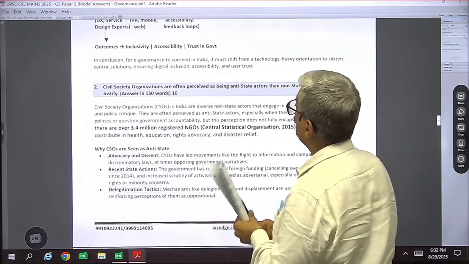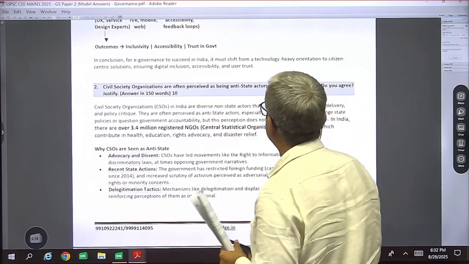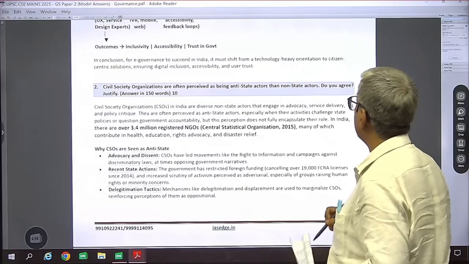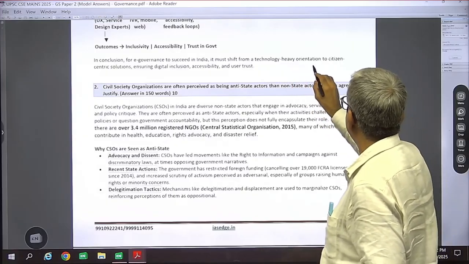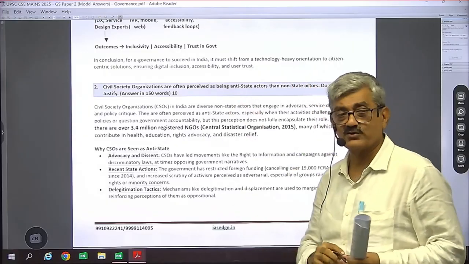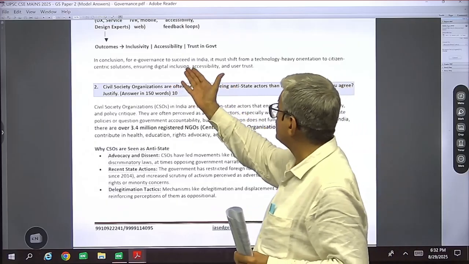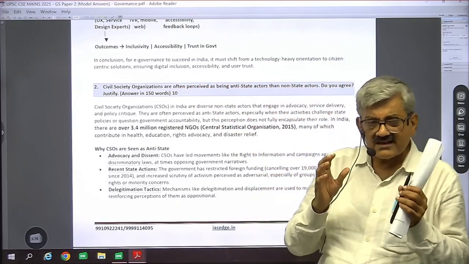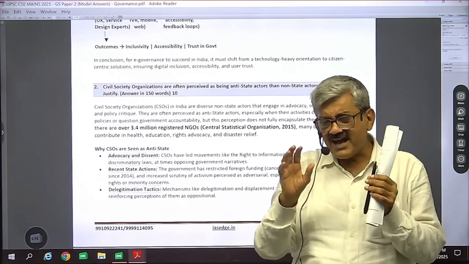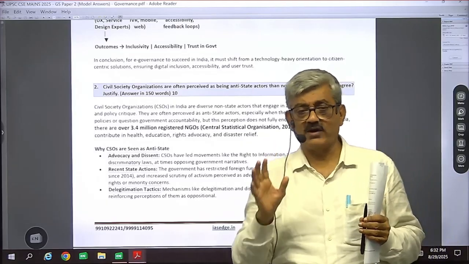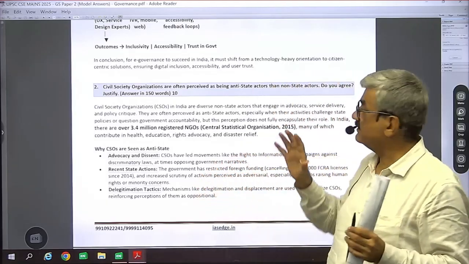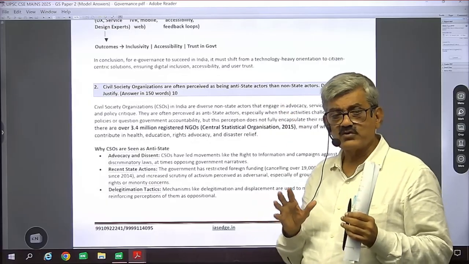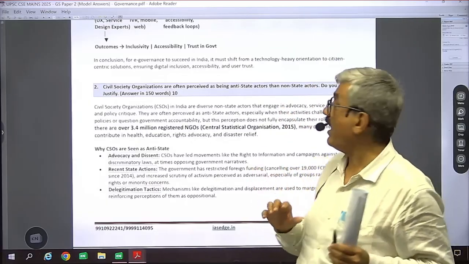And we can conclude by saying that for e-governance to succeed in India, it must shift from a technology-heavy orientation to citizen-centric solutions, ensuring digital inclusion, accessibility, and user trust. This is the conclusion, very precise and to the point. I think this kind of answer is most appropriate to the question they have asked.